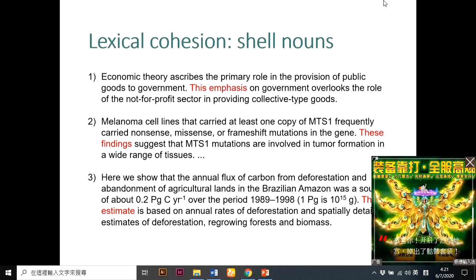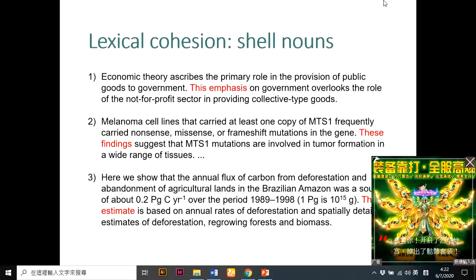The third example, another example of how to use a shell noun, contains two sentences, and the first one presents statistical information. The writer continues with the shell noun, this estimate. Just a couple of words that encapsulate all of the information from earlier in the text.